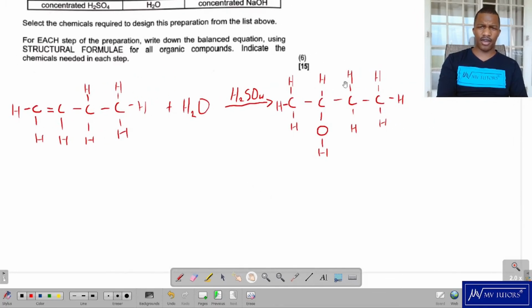Anyway, now that we have this, we're gonna take this compound here. All we have to do is just rewrite it exactly as it is, because we still haven't gotten the but-2-ene.